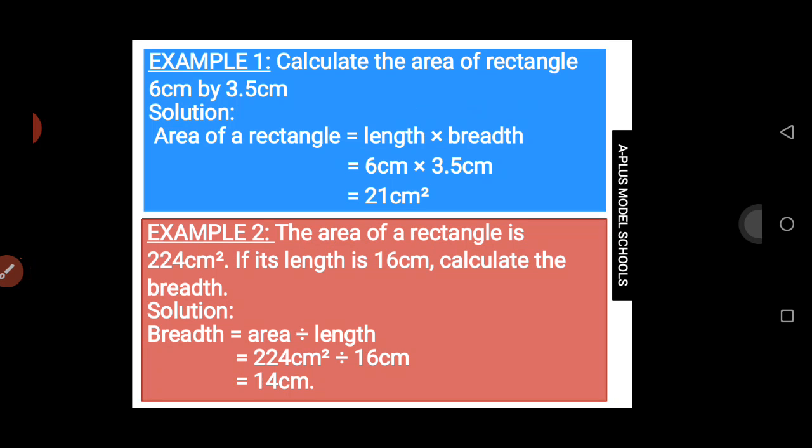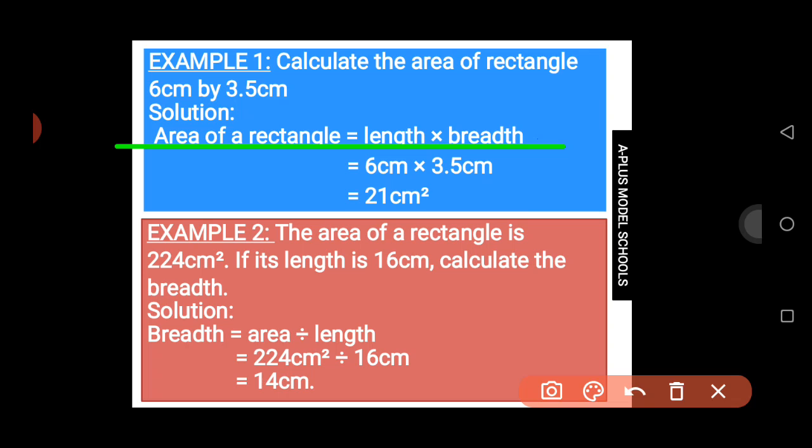So let's look at the examples that we have. Example 1. Calculate the area of a rectangle 6 centimeters by 3.5 centimeters. So applying the formula, we have length times breadth. Don't forget, that's the first thing. When you look at all the examples I've given, the first thing I make sure I do is first write out the formula.